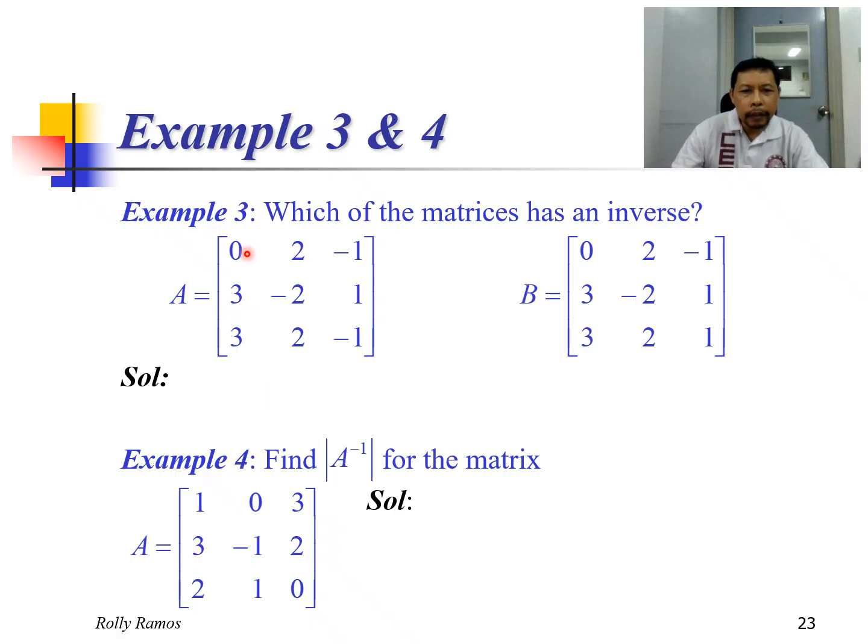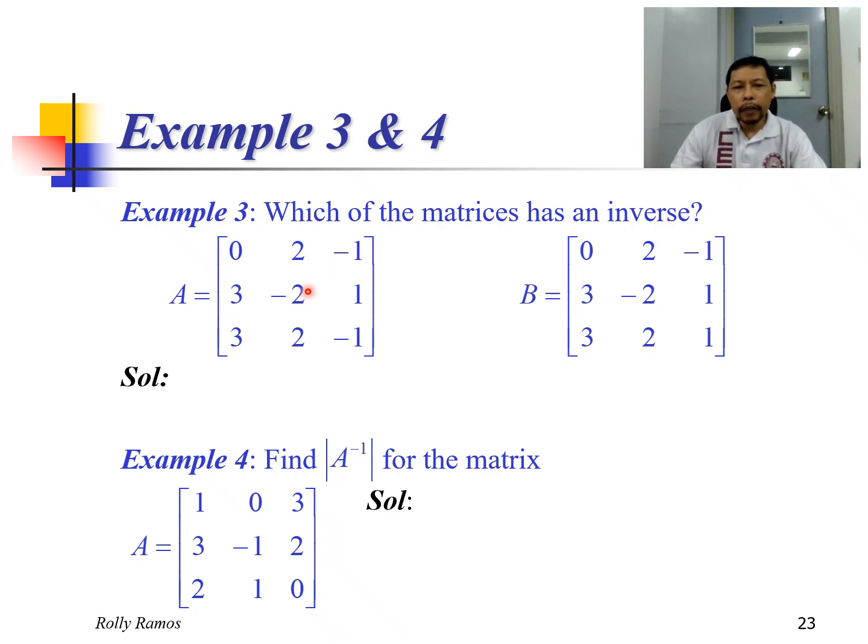So inspecting matrix A, we could see that column 2 is a multiple of column 3. Multiplying column 3 by negative 2 will give us column 2. Isn't it? Negative 2 times 1 is negative 2, negative 2 times negative 1 is 2.